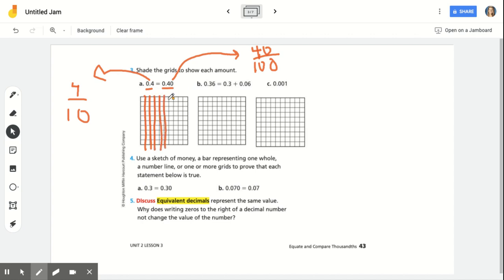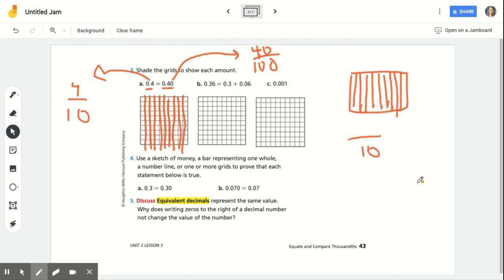And let's ignore those horizontal lines for a moment. Let's ignore the horizontal lines and let's just look at it almost, I know that's kind of confusing, almost as if those horizontal lines don't exist and that we just have 10 pieces across, okay? And I would tell myself if this is equal to one whole and there's 10 total pieces, I can look at it like this.